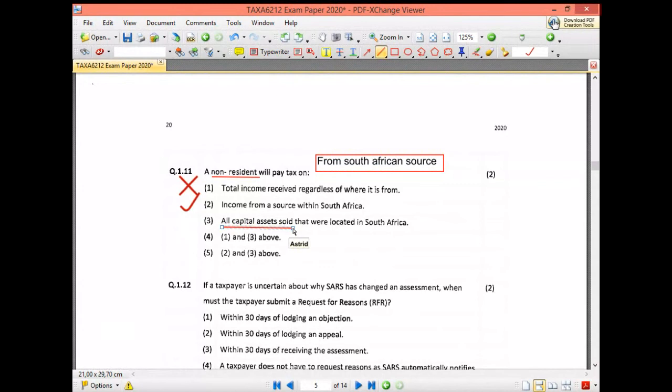So the Act only says immovable property and fixtures or permanent fixtures located in South Africa. So that is not all your capital assets. Okay, so that is why number 3 is incorrect, and that is why the answer is number 2 and not number 5. So you see you have to read very carefully in a question like this.